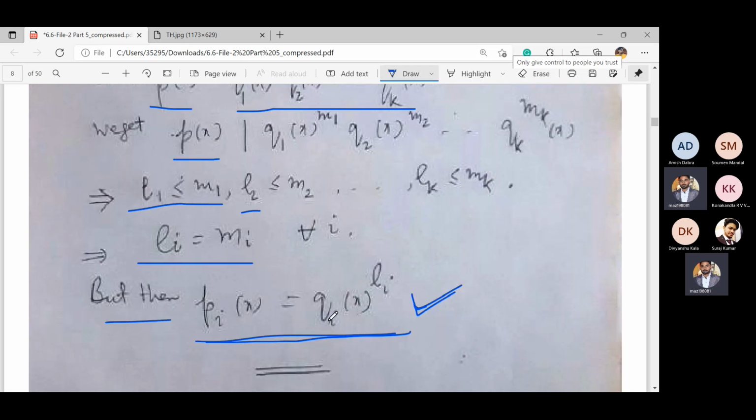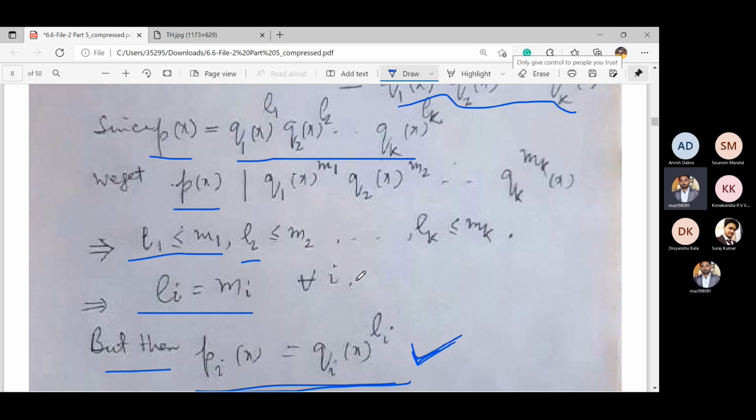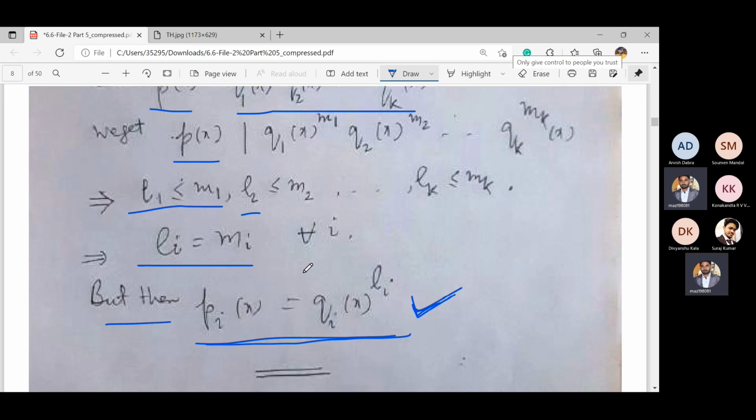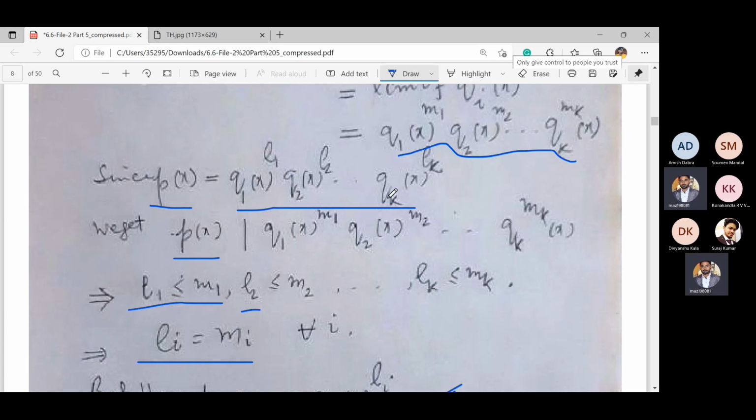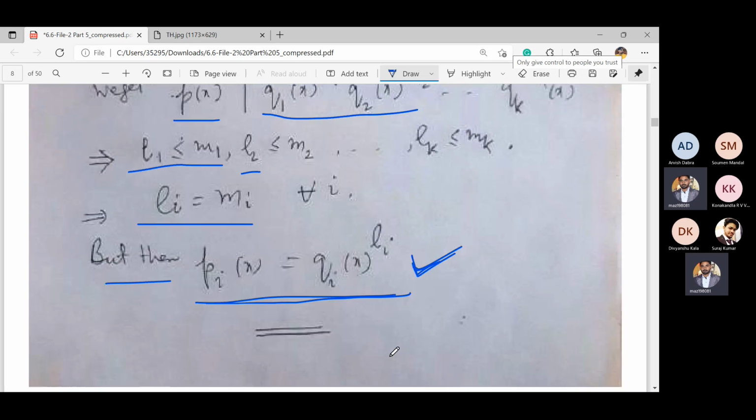So this implies P_i(x) must be equal to q_i(x) raised to the power l_i, because we have assumed that P(x) is the product of the P_i(x). We have already done results on this. From there we get that P(x) is the product of these, and each l_i is equal to m_i. So we get P_i(x) equals q_i(x) raised to the power l_i.